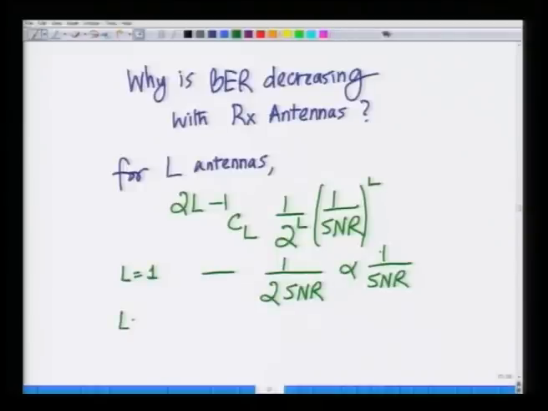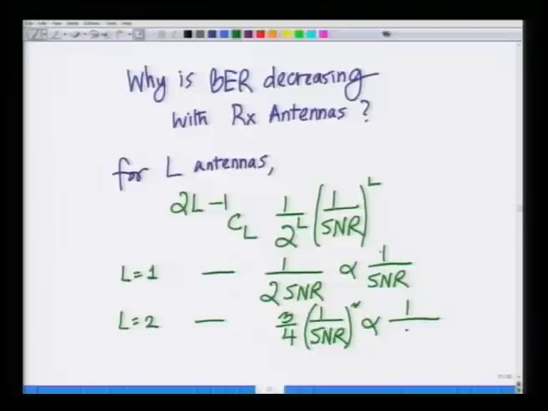When L equals 2, this expression is 3 over 4 times 1 over SNR square, which is proportional to 1 over SNR square.